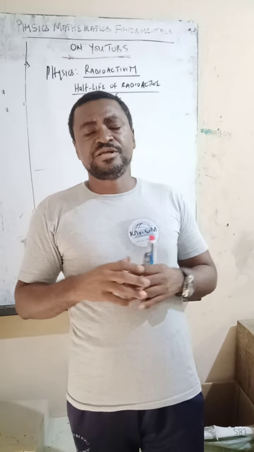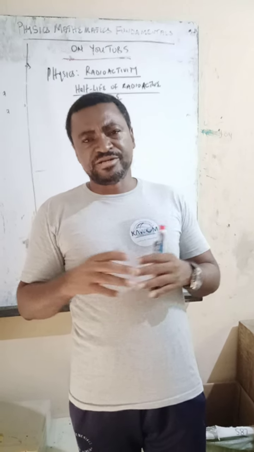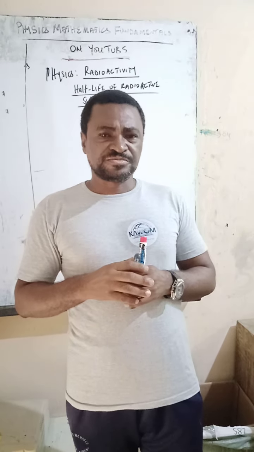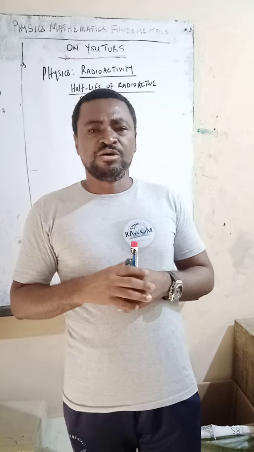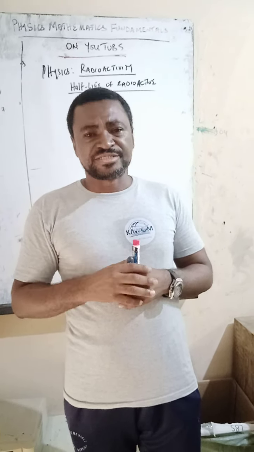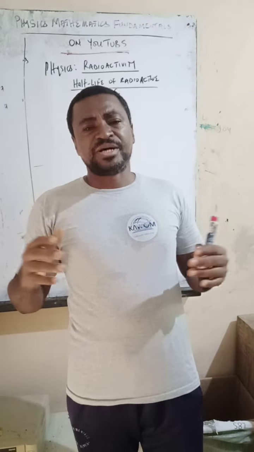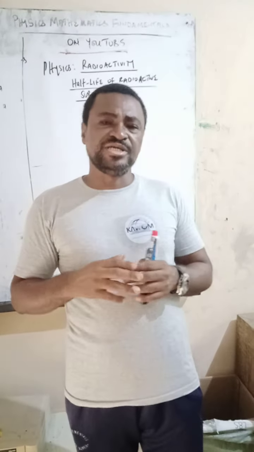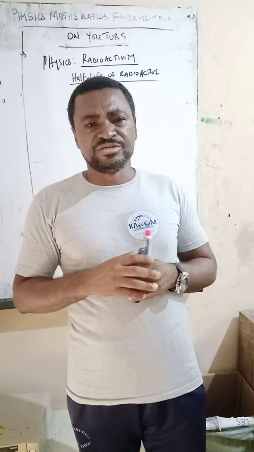So in a nutshell, when there is a disintegration of that nucleus and there is emission of some radioactive substances, then that particular atom is said to be a radioactive nucleus.